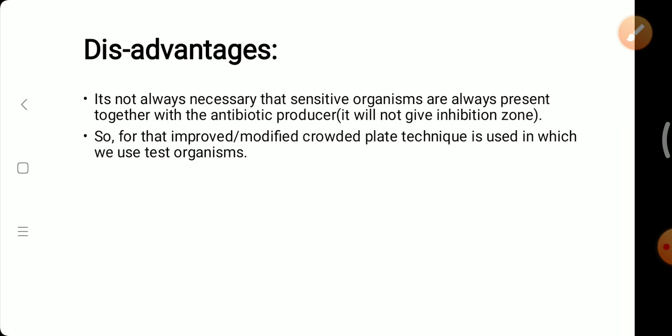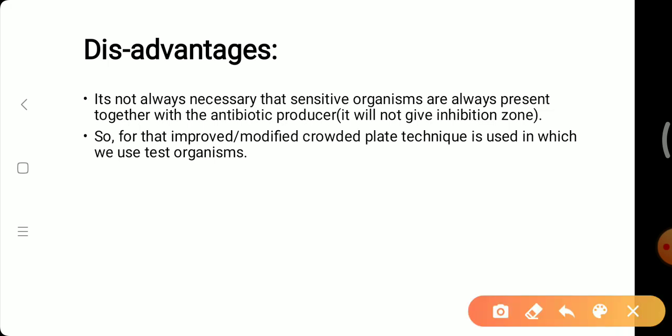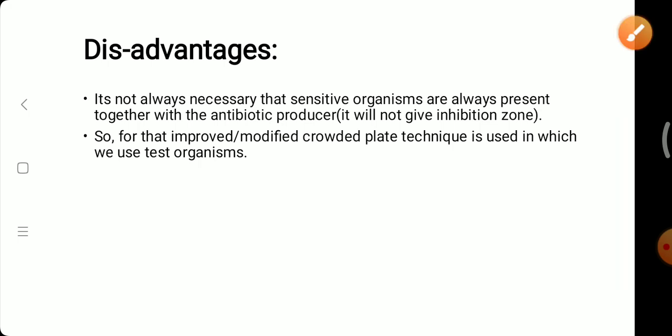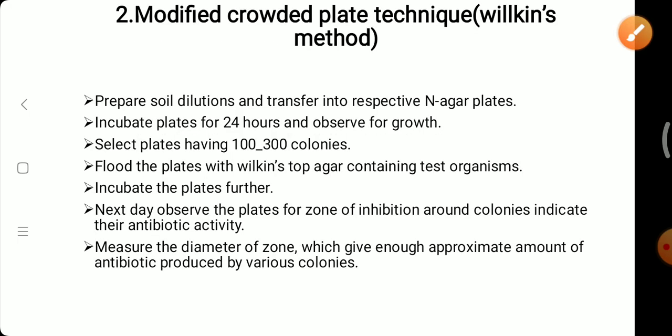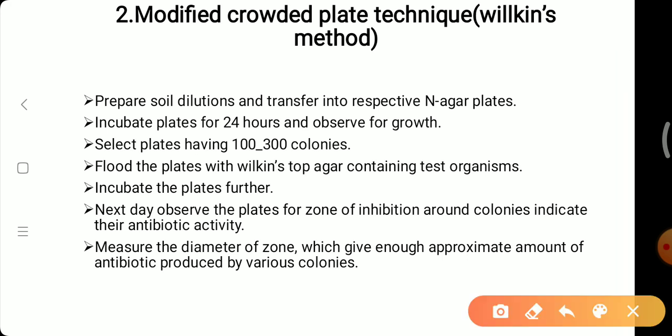So for that, we use an improved, or modified, crowded plate technique, in which we use test organisms. This modified crowded plate technique is also known as Wilkins method. In that, first of all, we take a soil sample and we go for dilutions.